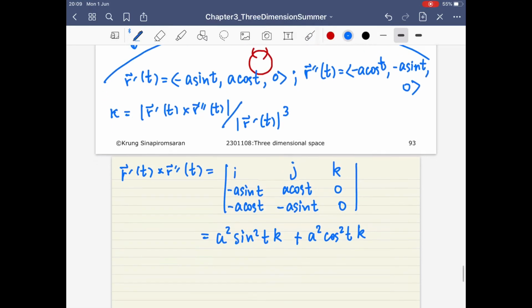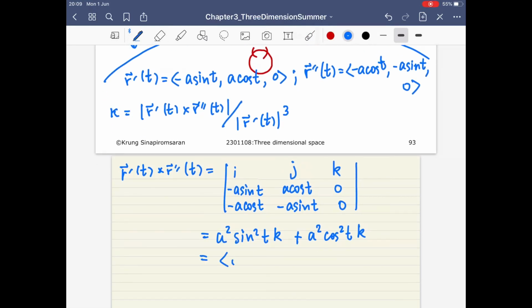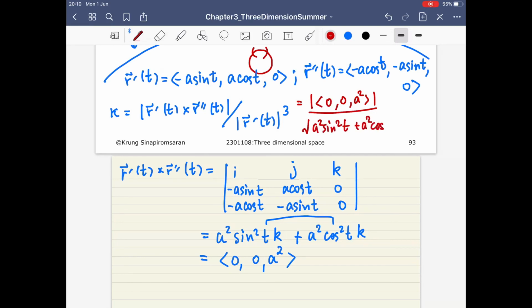So only k survives, and it is 0, 0, and then sine squared and cosine squared becomes 1, so you have a squared left. So the length of the cross product becomes the length of 0, 0, a squared, and the length of r prime is the square root of a squared sine squared t plus a squared cosine squared t, and 0, to the power cubed.